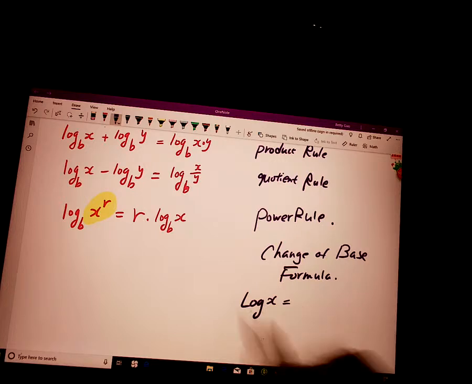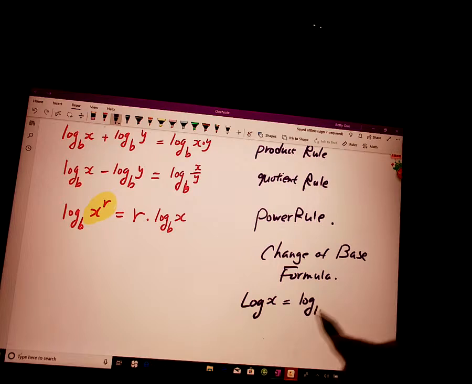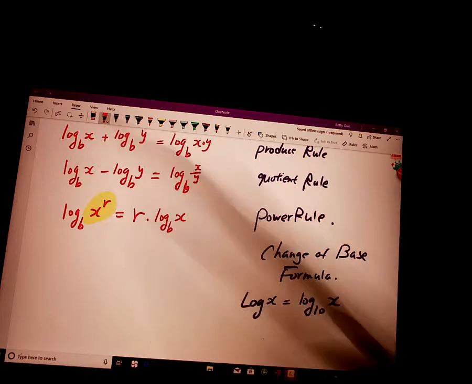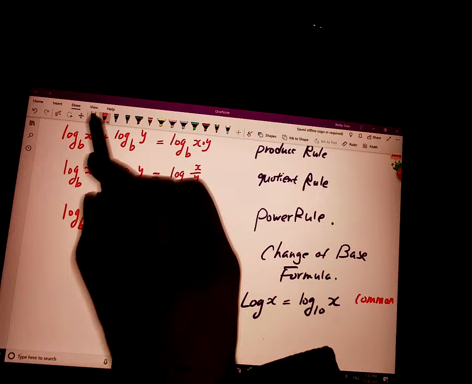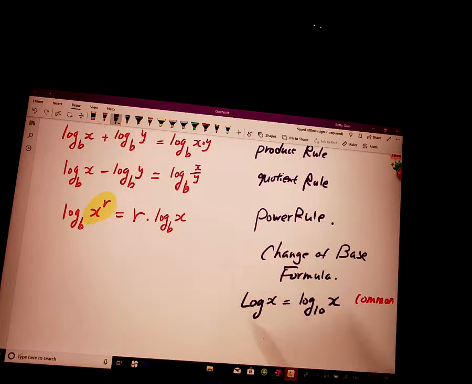That means the base is default as 10. A logarithm with base 10 is called a common logarithm. You should be able to find a common logarithm in your calculator. Log. If you only see log without a base, that means the base is 10. That is a common logarithm.